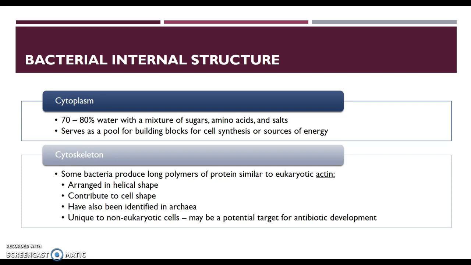As I said before, it helps to arrange shape. They are in sort of this helix shape. They have also been identified in archaea, and they can be a target for some antibiotics in order to address infections and bacterial disease.